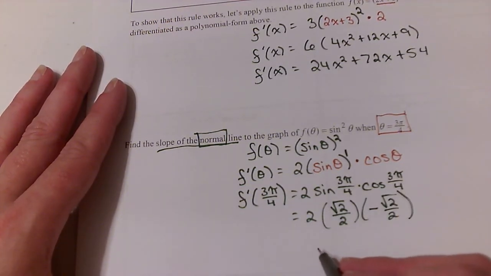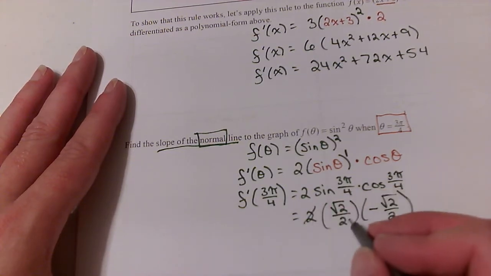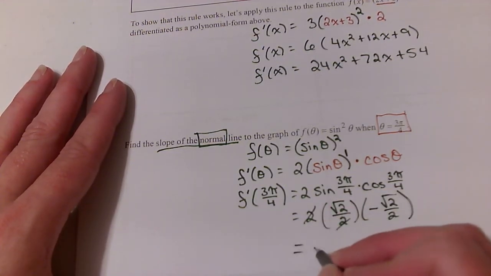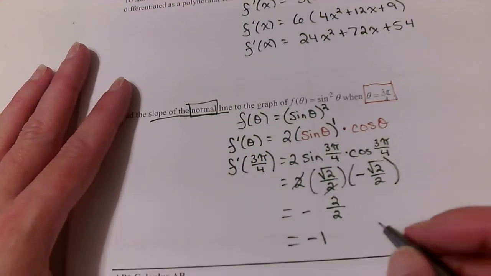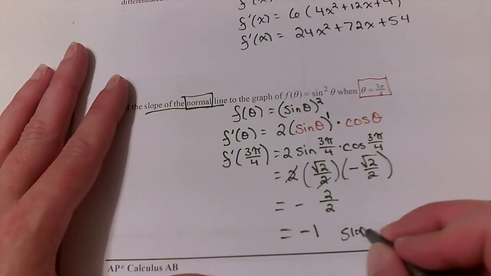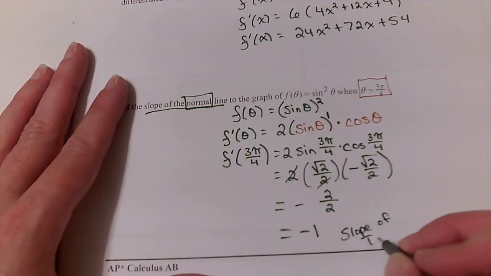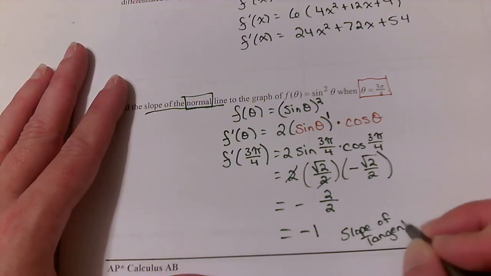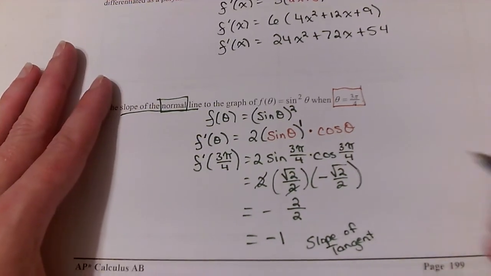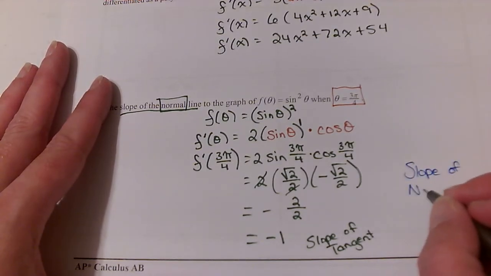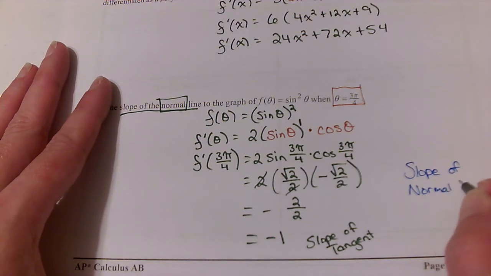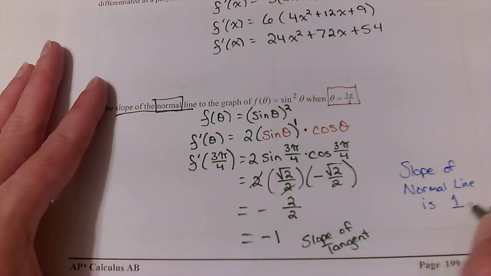And I end up getting, see, those will cancel. It's going to be a negative square root of 2 times square root of 2 is 2, divided by 2 is a negative 1. Now remember, this is the slope of the tangent. And we were asked to find the slope of the normal line. So the negative reciprocal is 1.